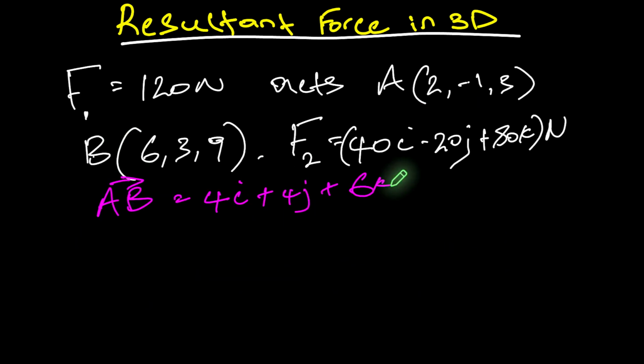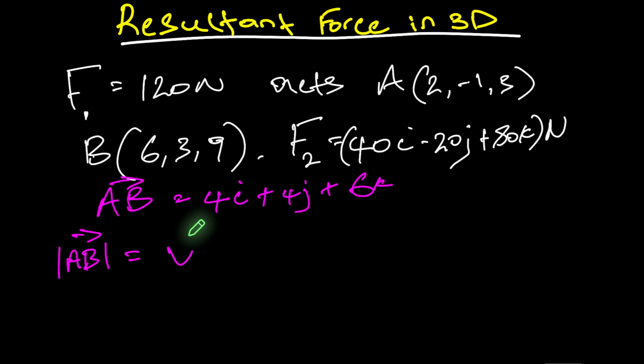So we get our vector AB as 4i plus 4j plus 6k, and we already established that this gives the direction only and not the force yet. To find the magnitude of AB, we need a unit vector, and a unit vector has a length of 1, so we can apply the force magnitude properly. How do we find the magnitude of AB?